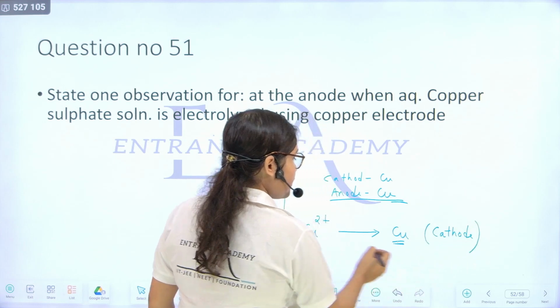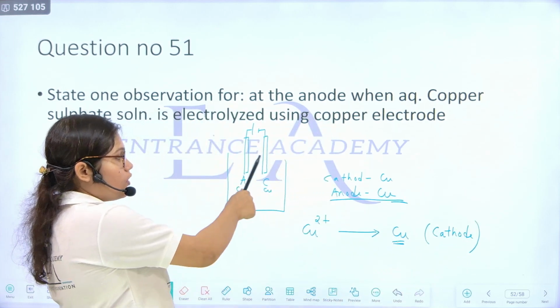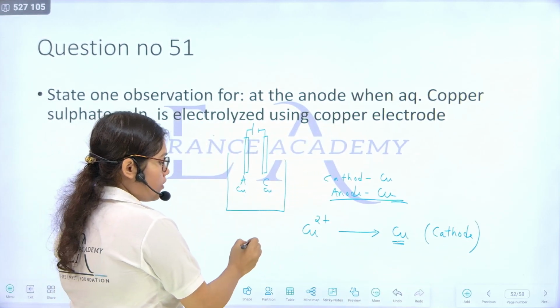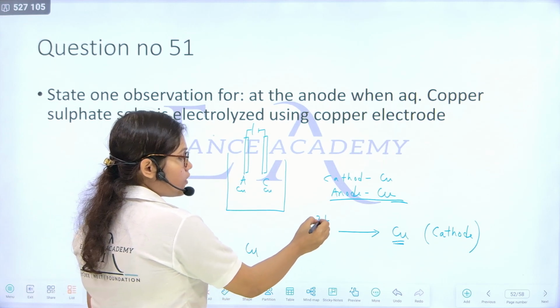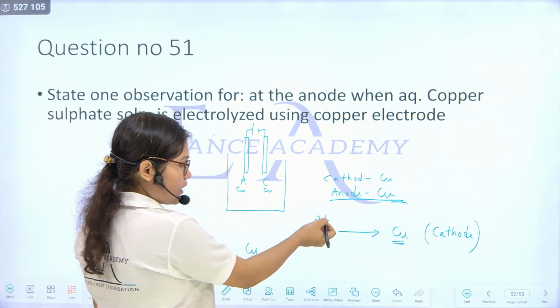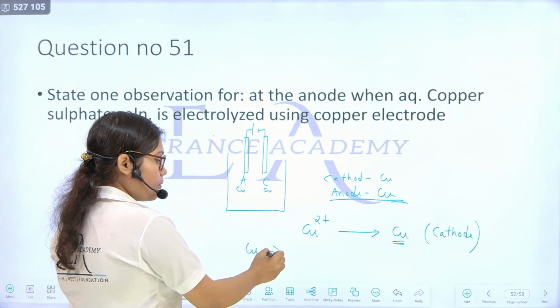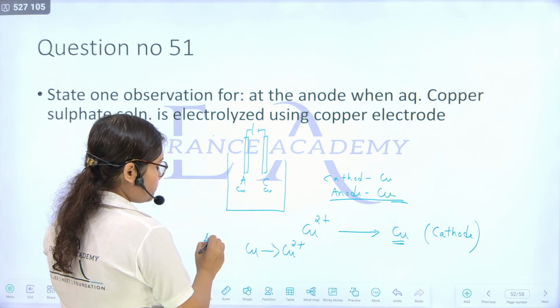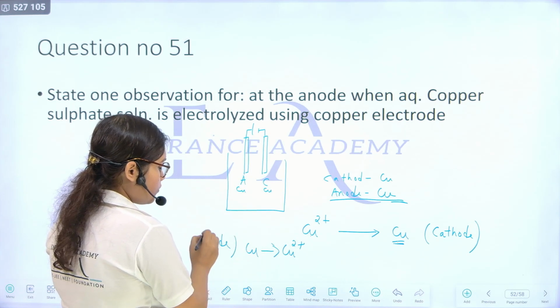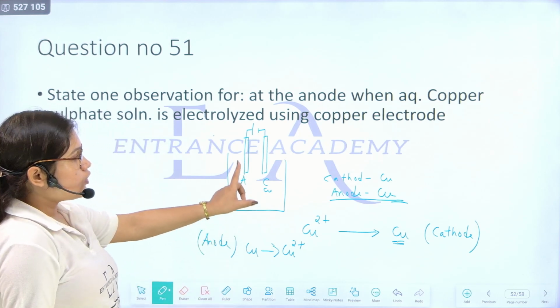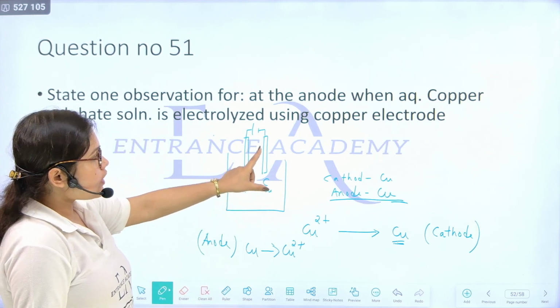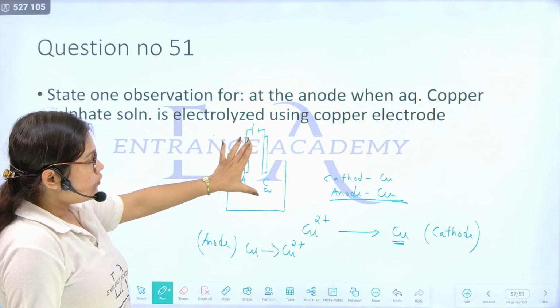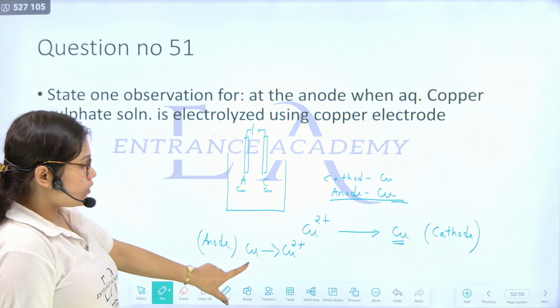Now, if we use a copper anode, then the discharged Cu2+ is replaced from this anode. This is the anode reaction. The Cu2+ ion discharged at the cathode is replaced from the anode.